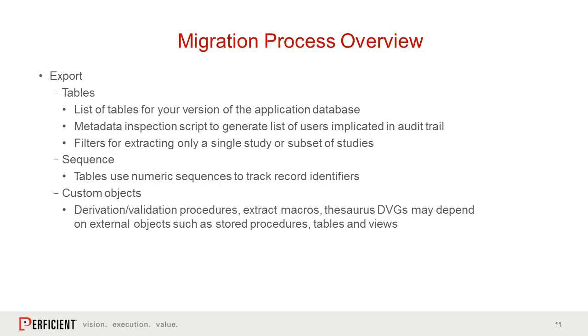So if the sequence is 1, 2, 3, 4, 5, and we move the data, we cannot have this sequence object start at 0. Why? Because there's already a 0 being used. There's going to be a conflict, a duplicate record essentially from the perspective of the application. So what you do is you reset that sequence to a higher number, the one after the last one that was used in the source database.